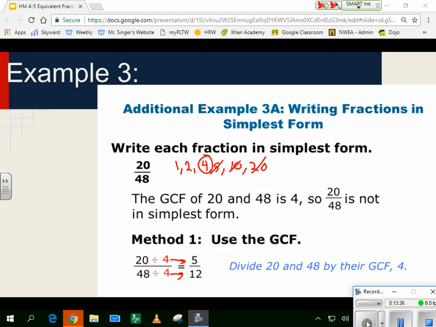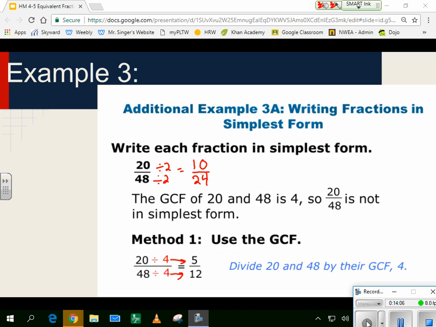Now, some people may struggle to find the greatest common factor. As long as you can find a common factor, that will work too. For example, you may not notice 4 works, but they're both even, so you know you could divide by 2. So if you took 20 and 48 and divided by 2, what you do to the top, you do to the bottom, you simplify down to 10/24.